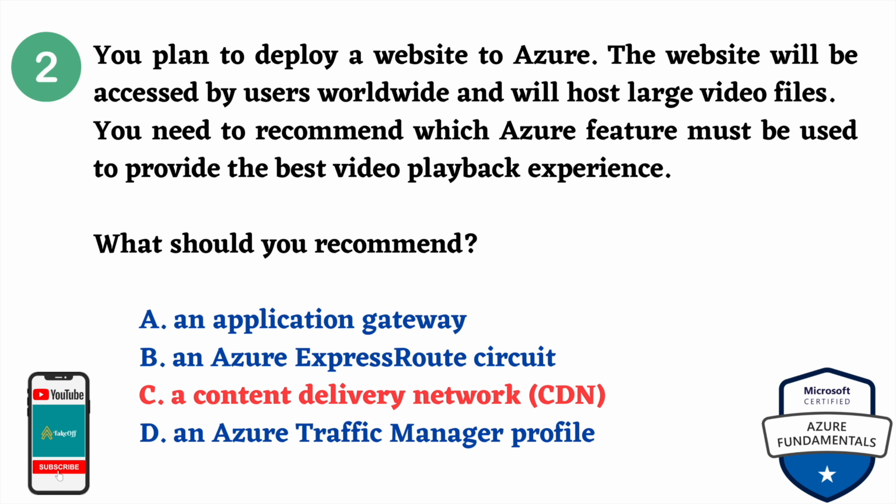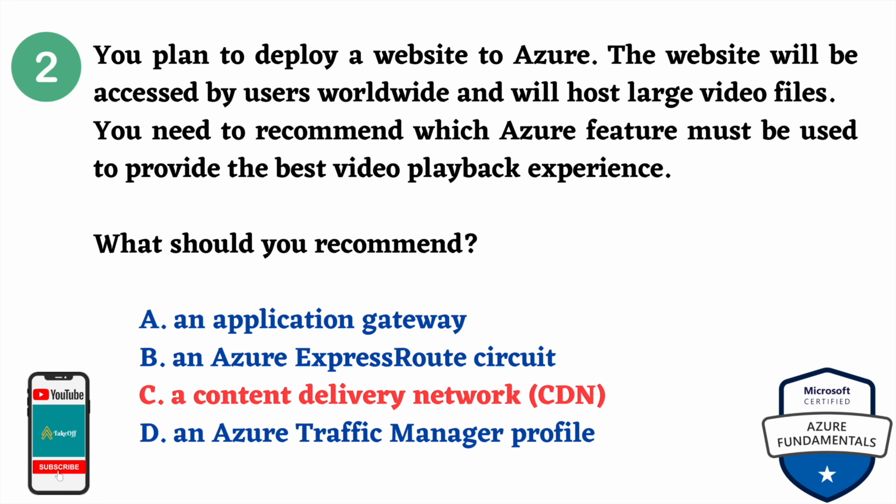So it's Content Delivery Network, CDN. The two main points to note are that it is accessed by users worldwide and hosts large video files. A CDN is a distributed network of servers that can efficiently deliver web content to users.